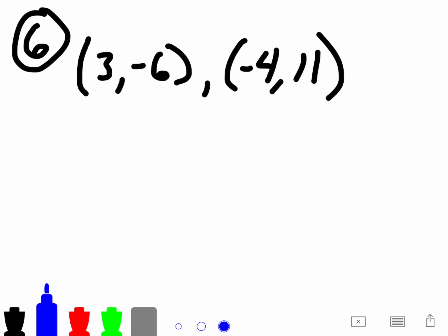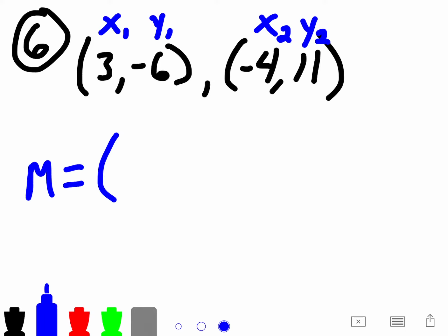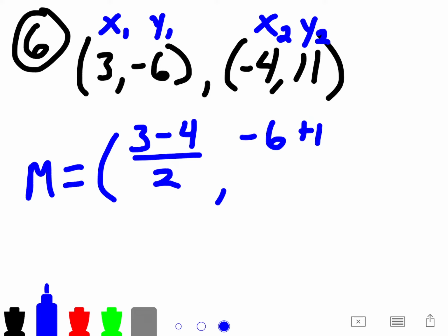First things first, I'm going to label my points. X, Y, X, Y. This is my first point. This is my second point. My midpoint formula wants me to add the x's together, so 3 minus 4, or 3 plus a negative 4, divided by 2, comma, not a plus, because it's a place, not a number. And then I'm going to add my y's, negative 6 plus 11.